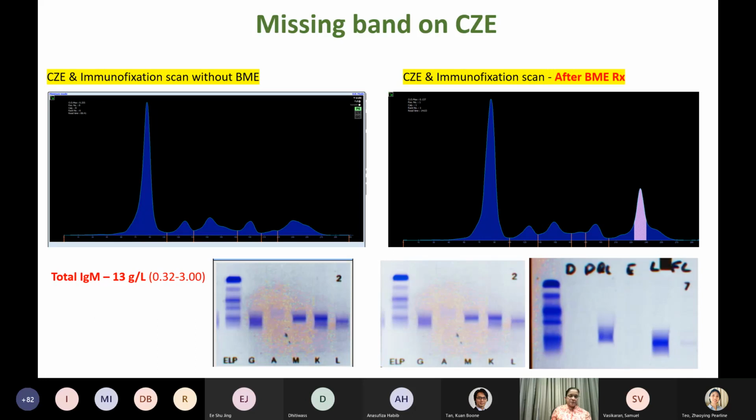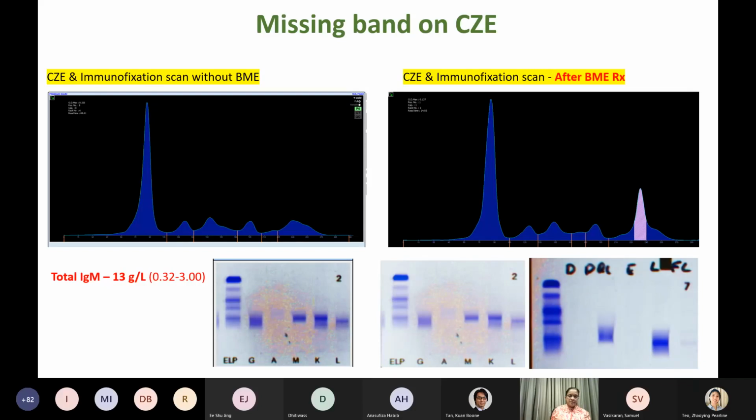This is a patient with Waldenström macroglobulinemia. In this capillary zone electrophoresis, you can't see any obvious monoclonal bands, but when we measured the total IgM level, it was 13 grams per liter, which is high. We could clearly see an IgM kappa band and another band in lambda using immunofixation. Because of that, we treated the sample with BME and repeated the capillary zone electrophoresis.